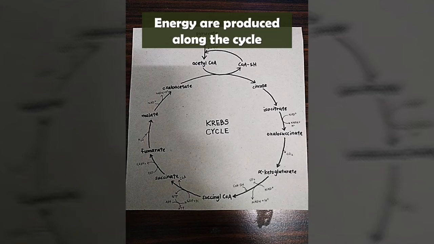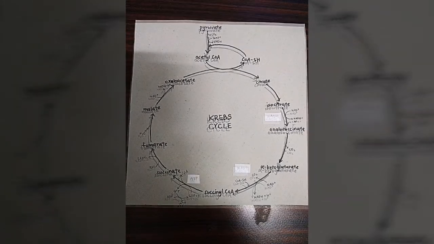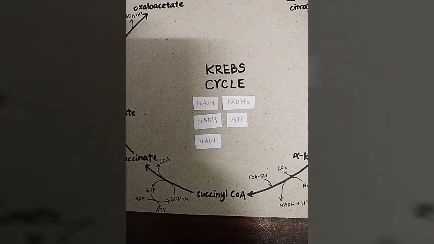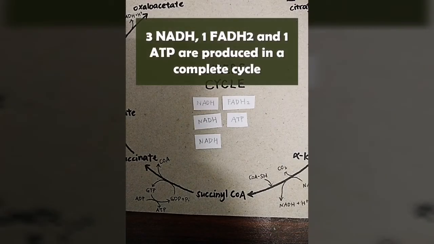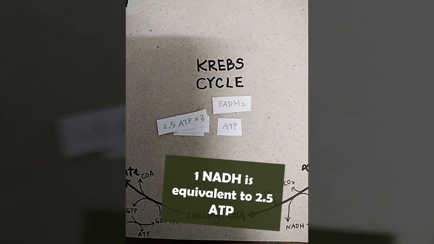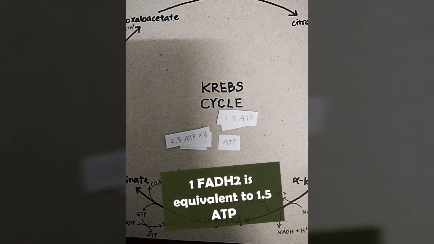Energy is produced along this cycle. 3 NADH, 1 FADH2, and 1 ATP are produced in a complete cycle. 1 NADH is equivalent to 2.5 ATP. 1 FADH2 is equivalent to 1.5 ATP.